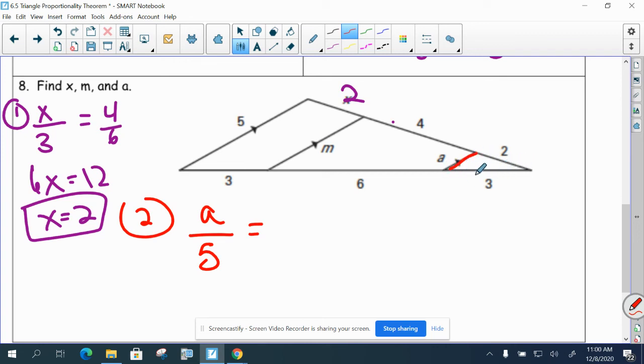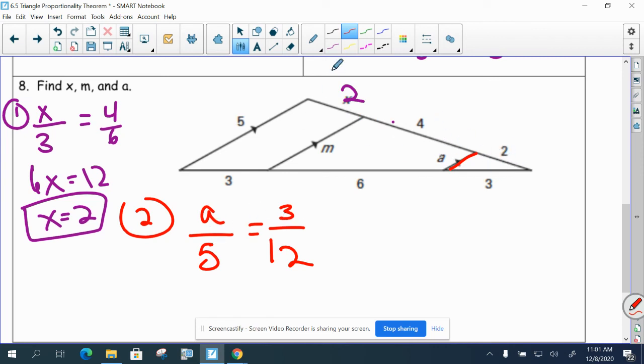So let's just do 3. So 3 over, and then since 5 is part of the larger triangle, we have to include the entire side length of that larger triangle that corresponds with the 3. So that'd be 3 plus 6 plus 3, which is 12. So that would be one correct equation to set up. You could have also done this side here if you used 2 instead of 3.